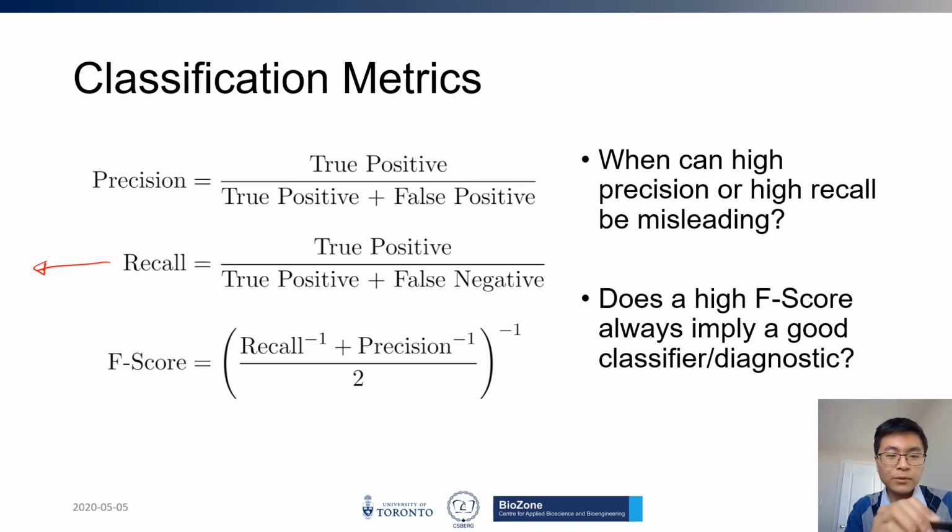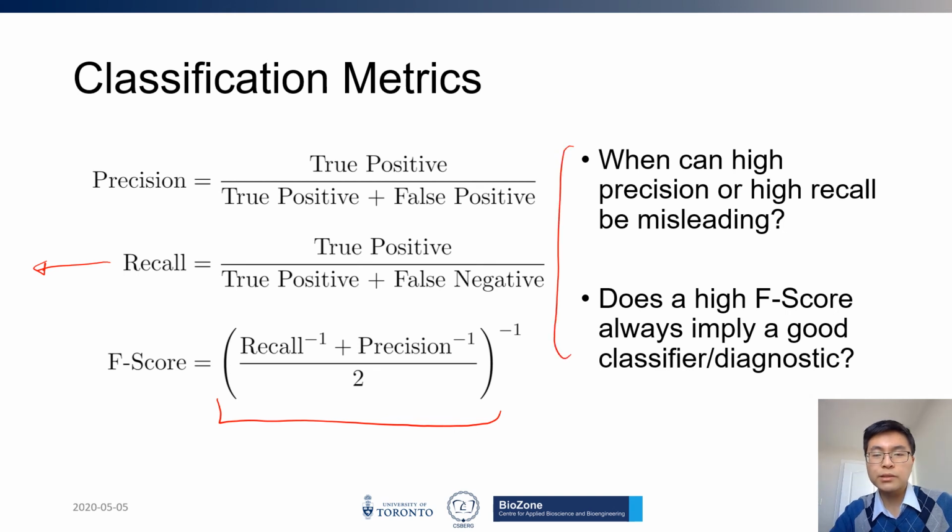I include these two definitions here because they are combined in the definition of the F-score. The F-score is a more holistic view of the classification performance of a model. So I encourage you to think about situations where even these scores can be misleading, perhaps due to imbalances in the data set or something peculiar about what a model is actually doing.